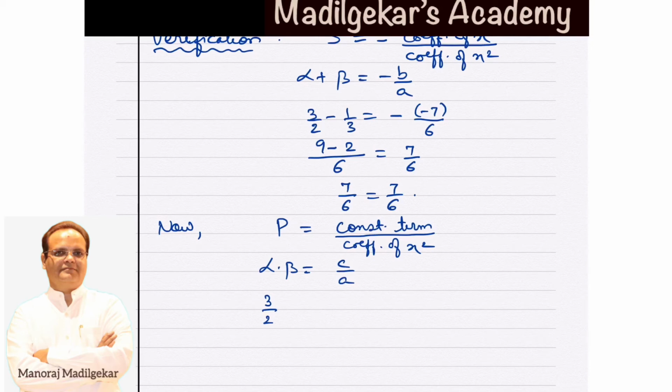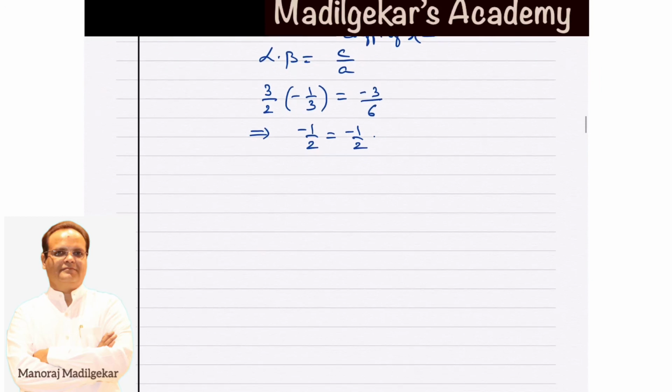Beta is minus 1 by 3. Now from the given polynomial, constant term is minus 3. Coefficient of x square is 6. So here again LHS equals RHS. So product is also verified.